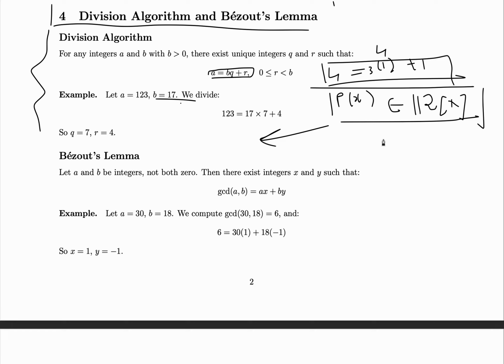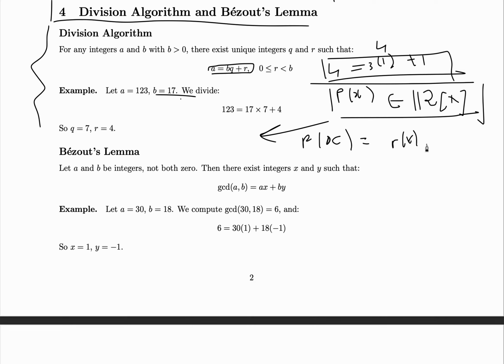We can actually prove that p(x) can be factored into some r(x) f(x) plus some s(x).